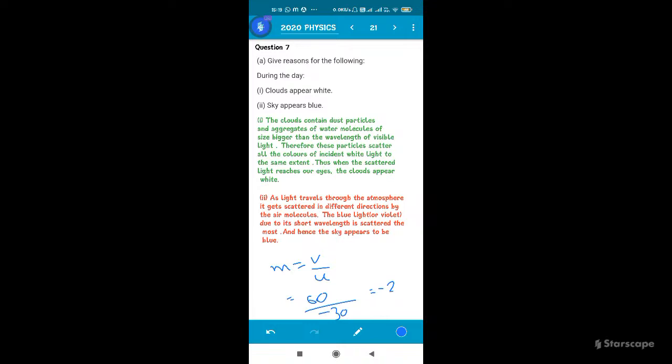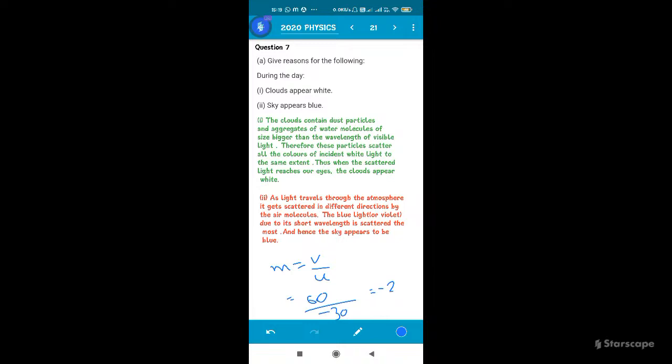And when the white light is scattered to the same extent, it will mix up again to form the original color only. So what was the original color? It was white. So even after scattering, the original color is maintained, as each and every color is scattered to the same extent. None of them are scattered more or less. All of them are scattered to the same amount. As a result, clouds appear to be white.